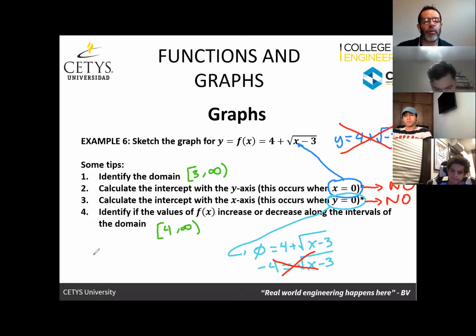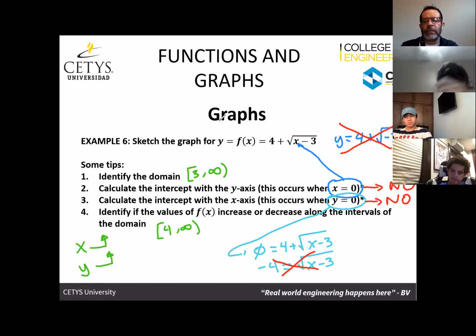That means that when x increases, y increases as well, okay? If x goes from 3 to infinite, y is going to go from 4 to infinite. That means that the graph is going to be growing, okay? For any of the values of the domain.